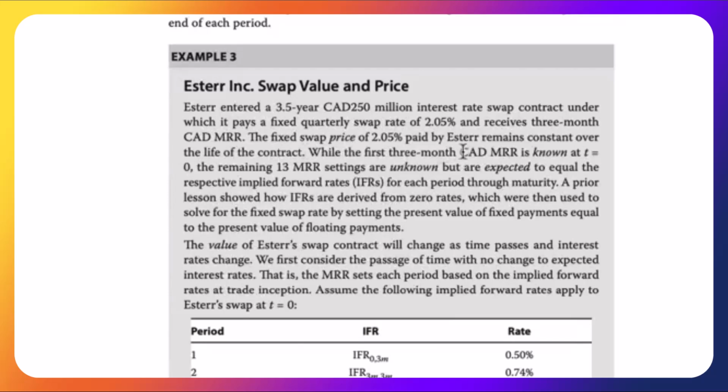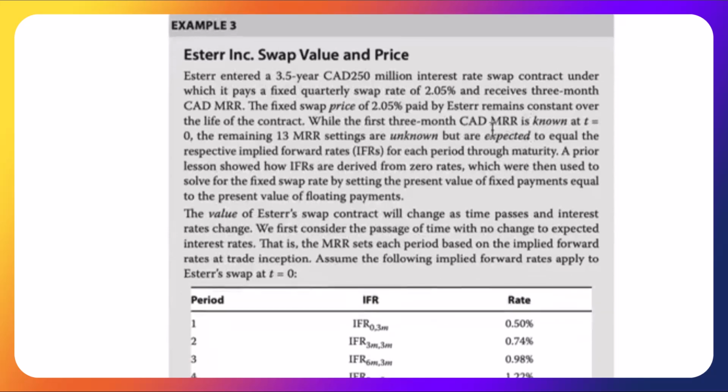While the first 3-month MRR is known at t equals 0, and the first floating rate is really just the 1 period spot rate, it's the spot rate we would expect to see for a 3-month cash flow. The remaining 13 MRR settings are unknown, but are expected to equal the respective implied forward rates for each period through maturity.